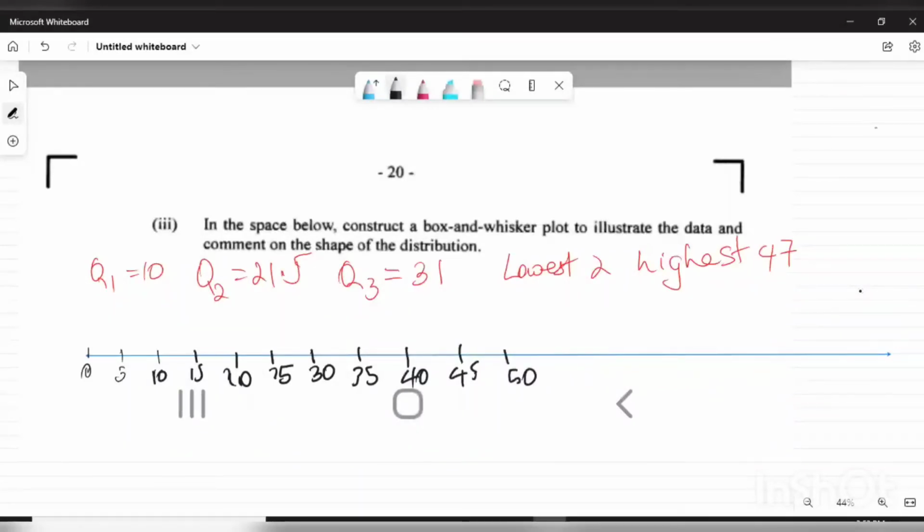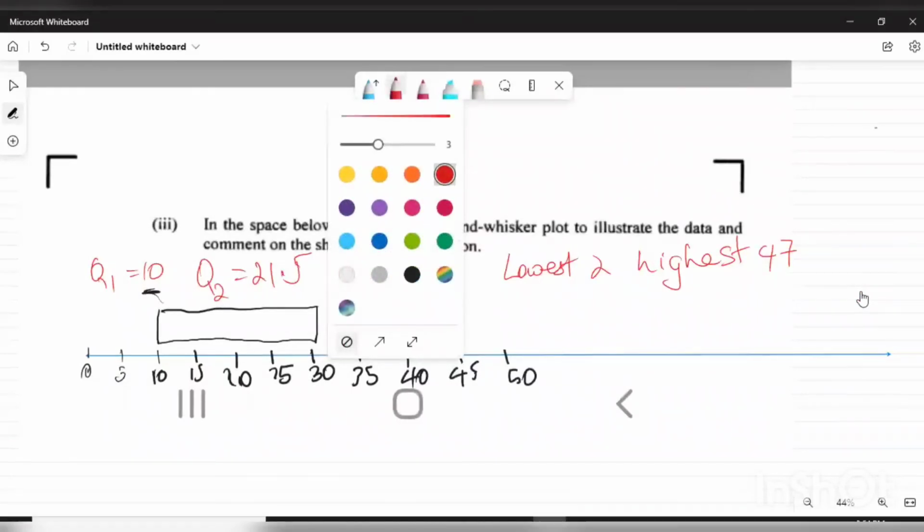So we're going to put the box first, all right? I'm just going to use freehand. So 10 is here. And we're going to go up to 31, which means we're going a little bit past 30. And you do your box. Let me just highlight it quickly, show you why I'm using a different color.